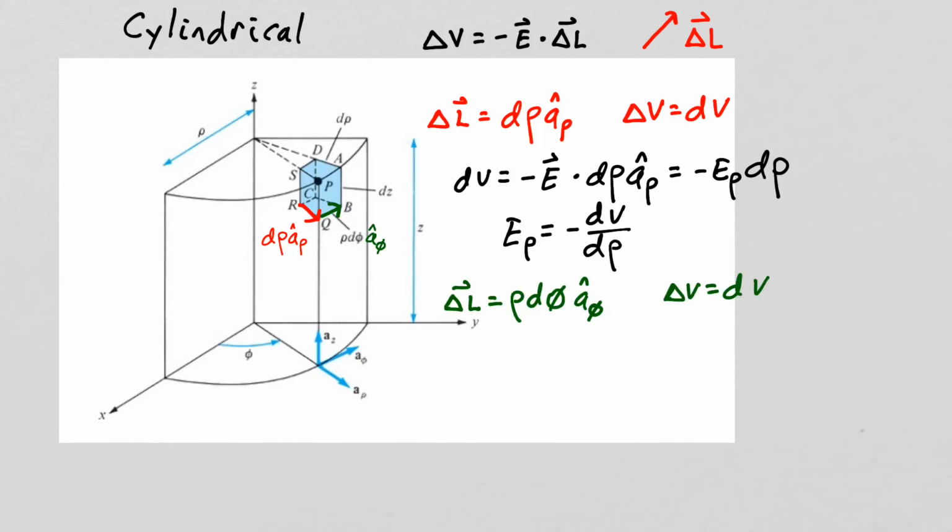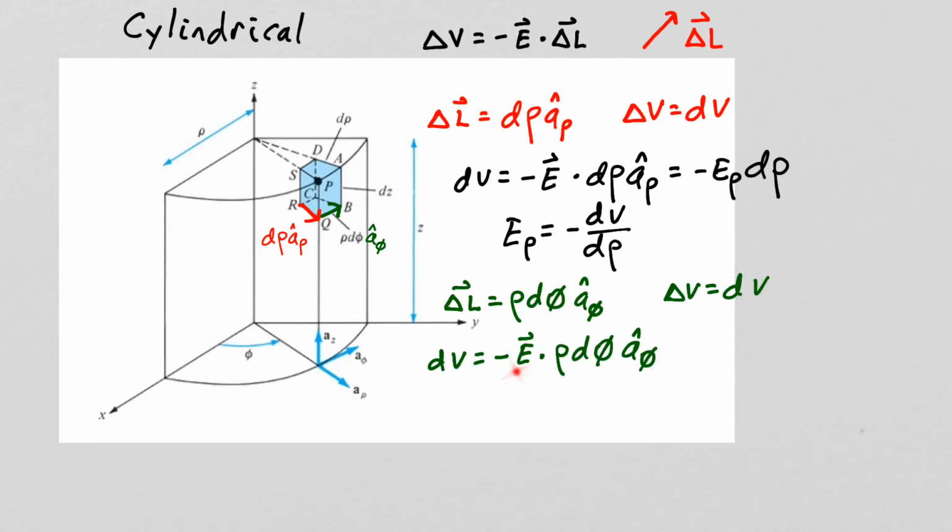We now adjust the length of our voltage probe so that it's of length rho d phi in the phi direction, and the drop across it will be dV. Let's make these substitutions.